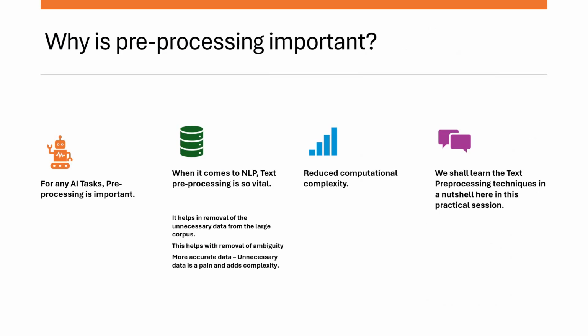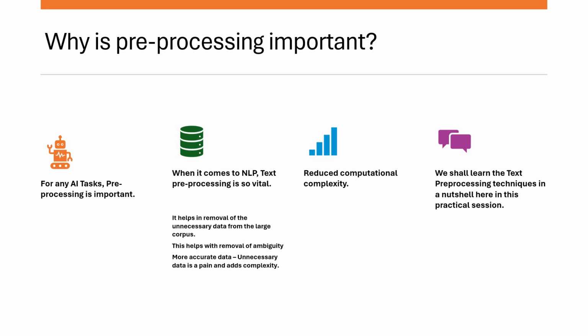Why do we need pre-processing? First of all, for any AI task, pre-processing is very important. When it comes to NLP, it is text pre-processing which is very vital. It helps in removal of the unnecessary data from the large corpus that you have collected. This also helps in removing the huge amount of ambiguity that data which is not right will bring to the table.